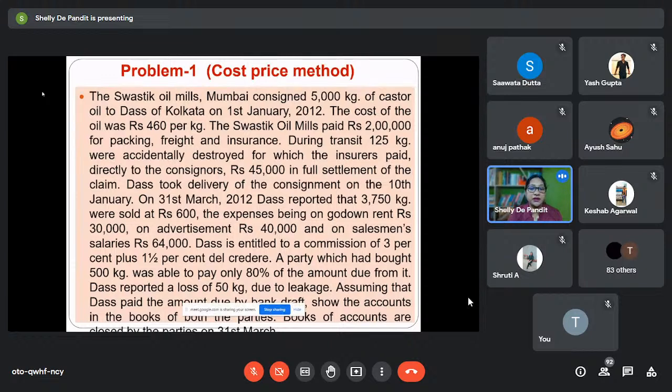If the consignor told that whatever may be the sale, complete the consignment within 6 months, in that case godown rent will be for 6 months. But you don't know when you are going to sell such goods. And advertisement is purely a selling expense, and the salesman's salary is also a recurring kind of expense, because you have to pay the salesman salary month after month, right?